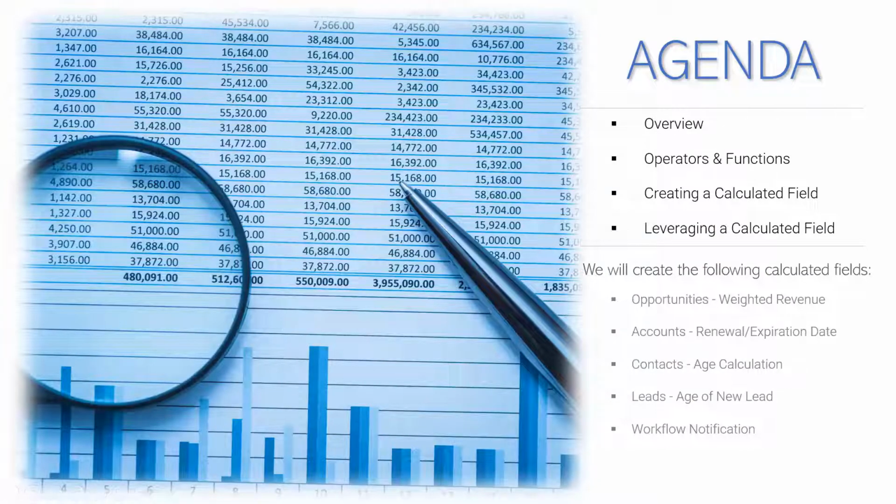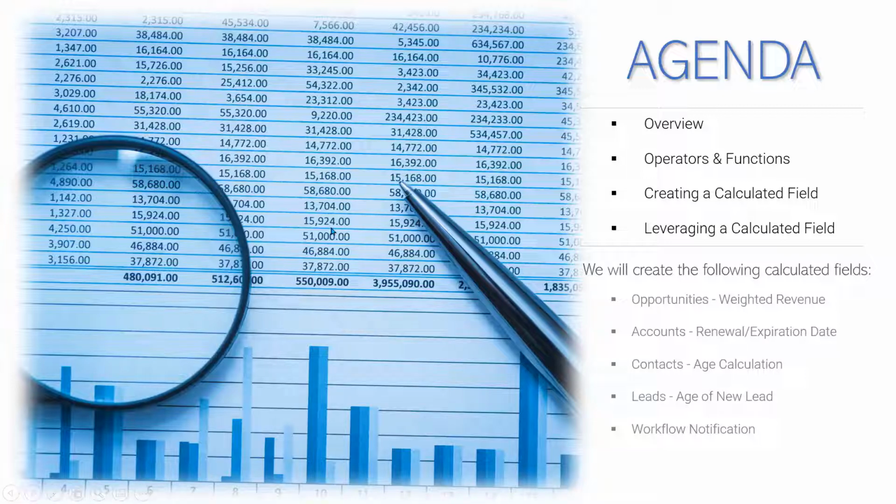So first of all, we'll do a quick overview of calculated fields. It is the ability to create a calculation based upon other fields in a record. One that's very popular or commonly asked for in the opportunities module is the ability to have a weighted amount based upon the percent probability and the amount field value.